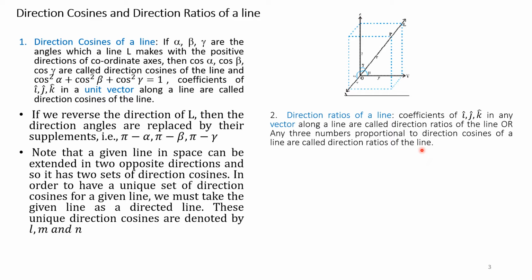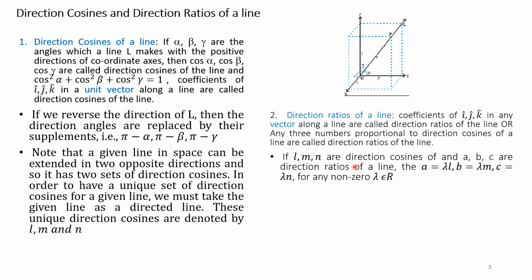So, if we take any vector, the coefficients of i, j, k give the direction ratios. If we take a unit vector, they give the direction cosines.